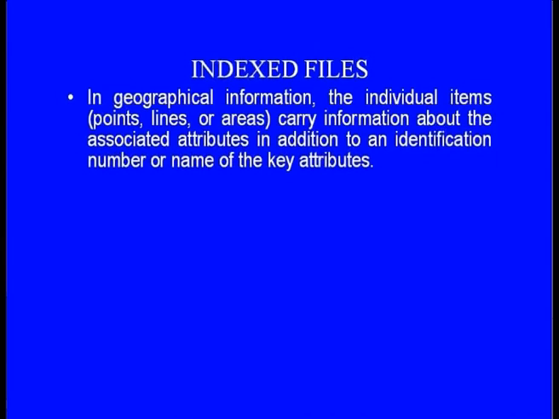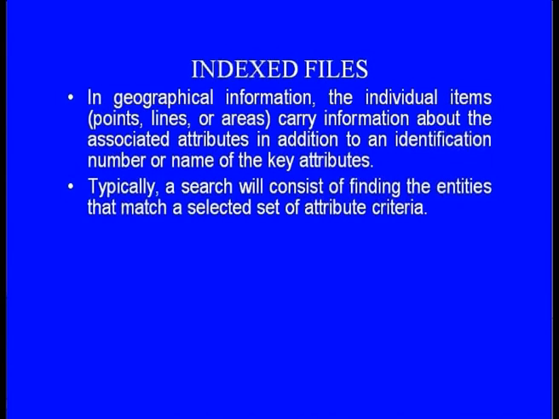Next type of files is index files. In geographical information, the individual items such as points, lines or areas carry information about the associated attributes in addition to an identification number or name of the key attribute. Typically, a search will consist of finding the entities that match a selected set of attribute criteria.